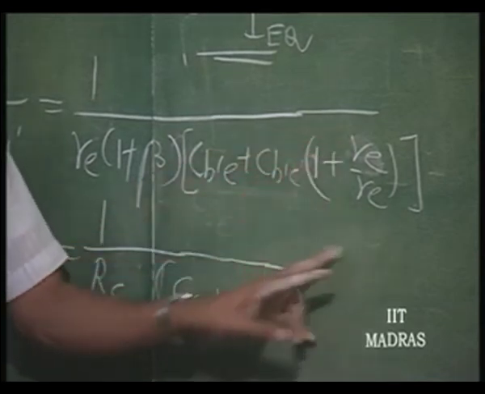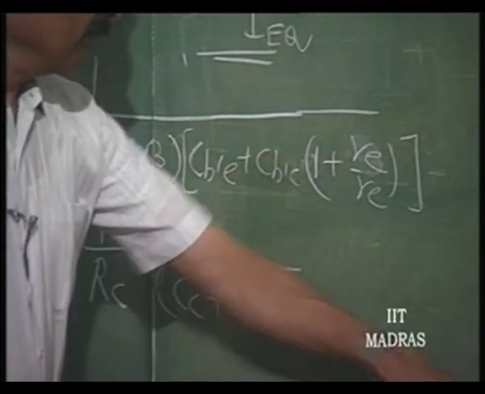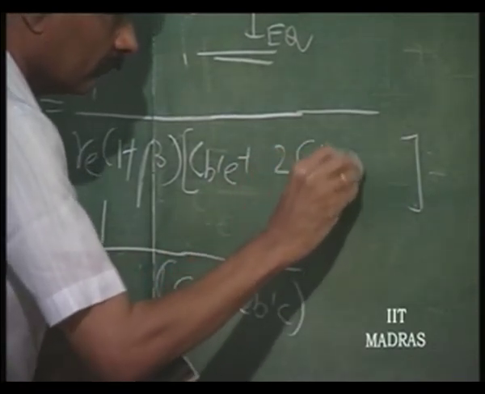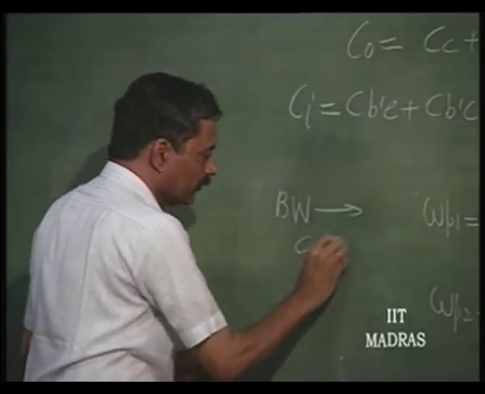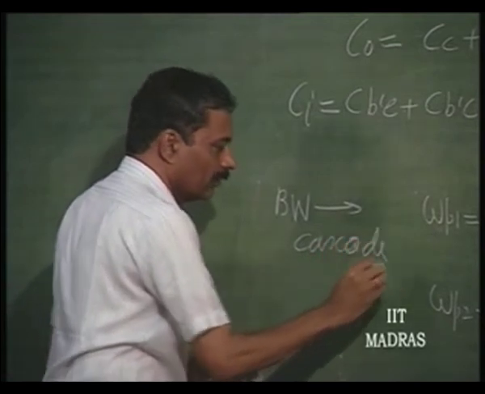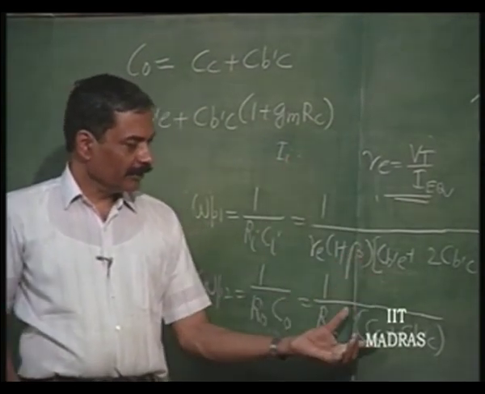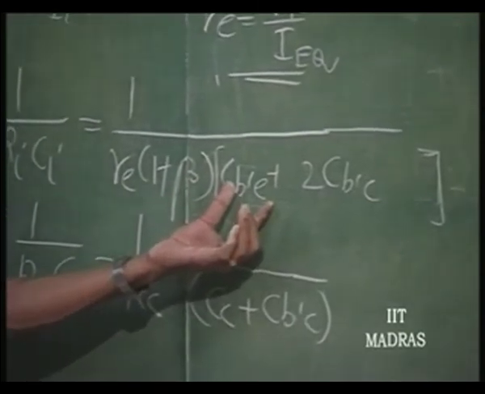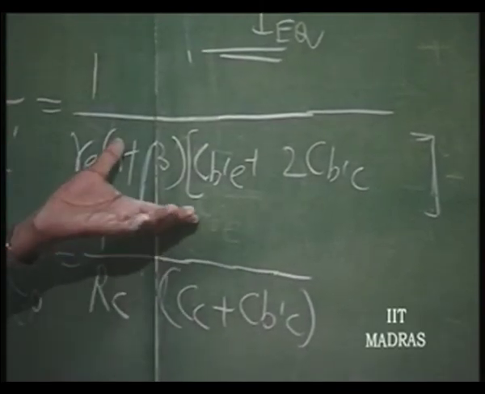So, earlier R C over R E was very high, now it becomes R E over R E. So, it becomes simply 2 times C B dash C. So, bandwidth now of cascode simply goes up. Maybe this particular thing is still dominant, we do not know, because this capacitor may be still fairly high compared to C B dash C. But the bandwidth here has improved enormously.